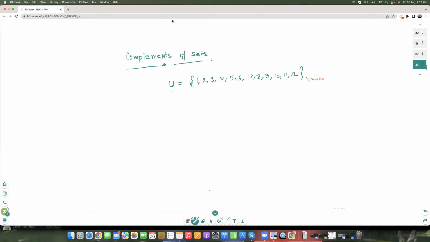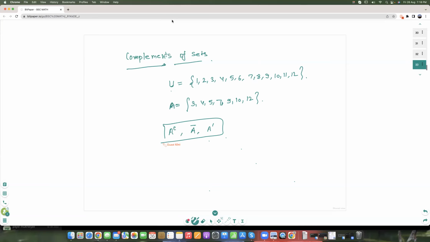You are given the set A as well: 3, 4, 5, 7, 9, 10, 12. Now you need to find A complement. You can write A complement as A with a C, or A bar, or A prime. All three are notations of the A complement.